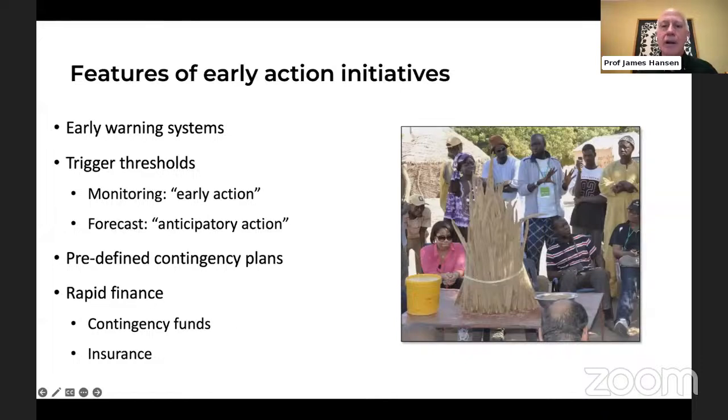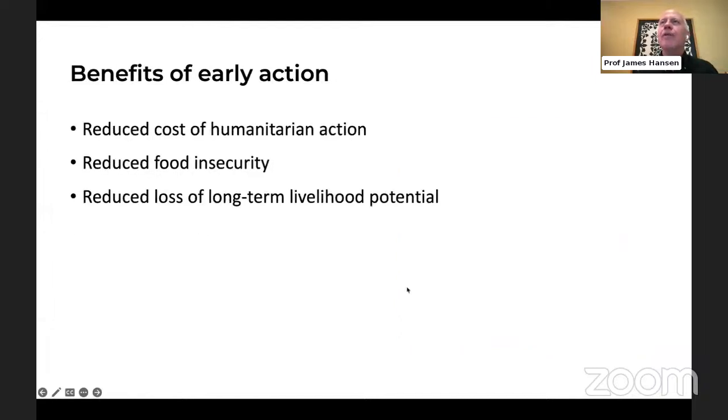So this allows intervention to occur much earlier. Benefits in general are reduced cost of humanitarian action, reduced cost to the humanitarian organization, which in turn means more scarce resources are available to actually benefit the communities who are affected. Reduced food insecurity in the short term, reduced loss of long-term livelihood potential in the longer term.